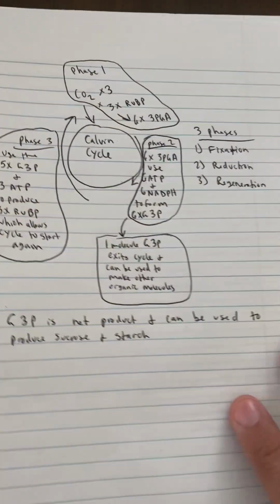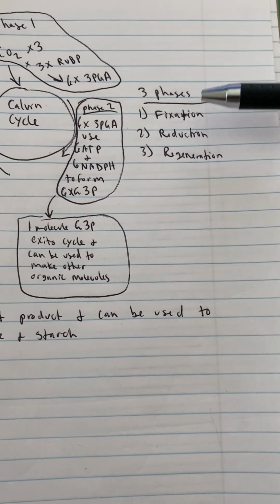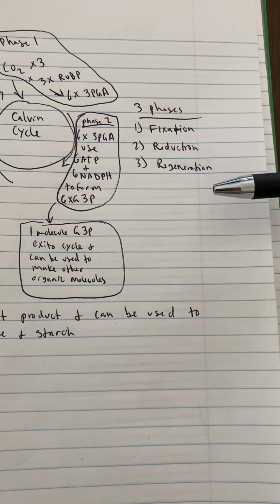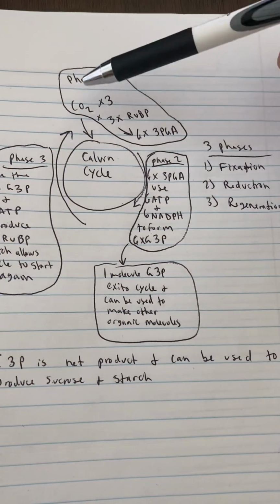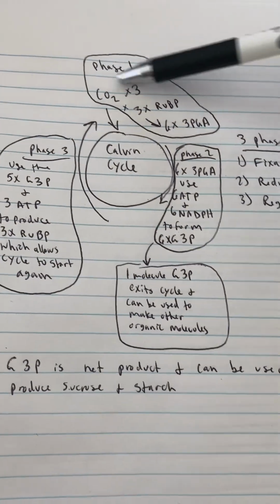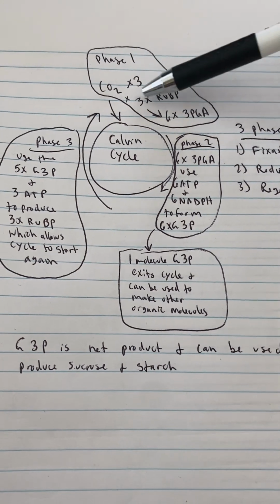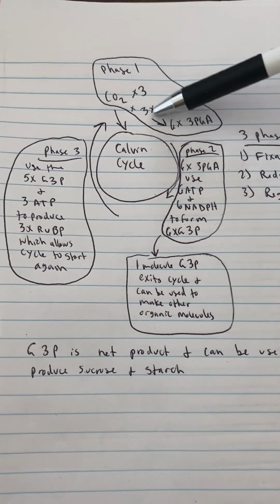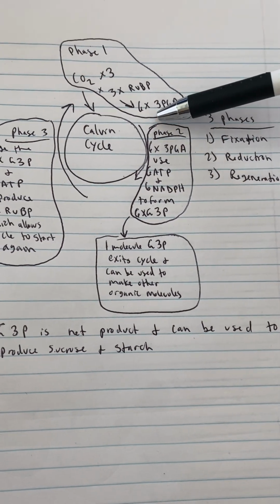So just a small illustration here, the Calvin cycle is going to take place in 3 phases, which are fixation, reduction, and then regeneration. You can see phase 1 here, the fixation phase, combines 3 CO2s from the air with 3 RuBP, and the product of that is going to be 6 3-PGA.